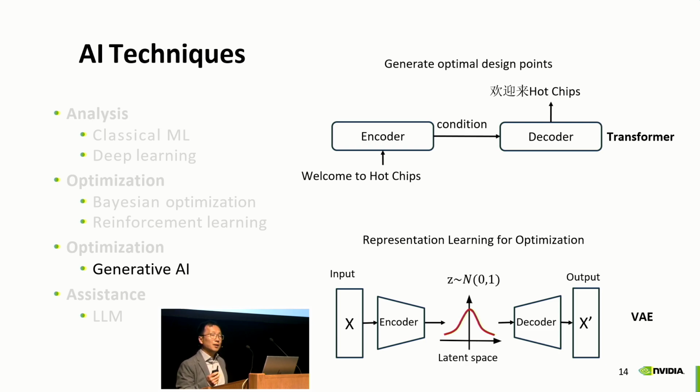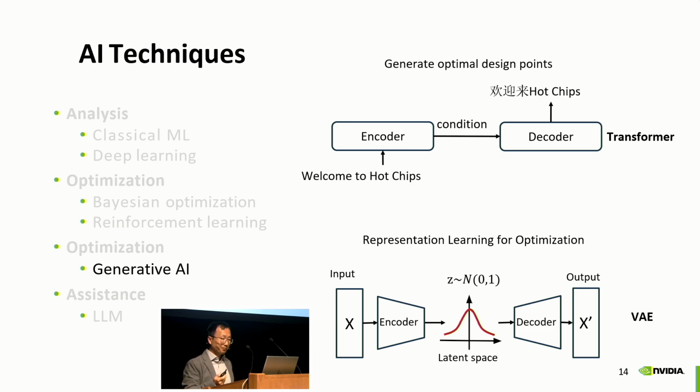For example, conditioned on the sentence of an input language, it can generate a corresponding sentence in an output language. So we can apply the same generation principle to optimization. If we train a transformer on an optimized data set, it can generate optimized data points given unoptimized data points as inputs.